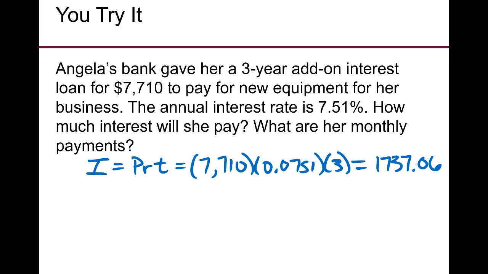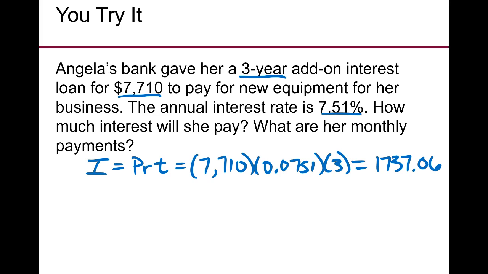First, we can compute the interest she's going to pay using the formula I equals P times R times T. So the principal is $7,710, the interest rate is 7.51%, and the time is 3 years. That gives us an interest on that loan of $1,737.06.